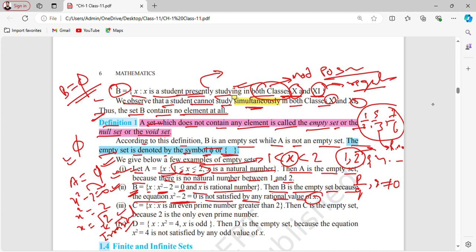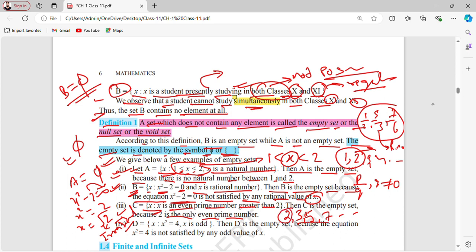Third part: x such that x is an even prime number greater than 2. This is also an empty set, because 2 is the only even prime number. The prime numbers are 2, 3, 5, 7 and so on.